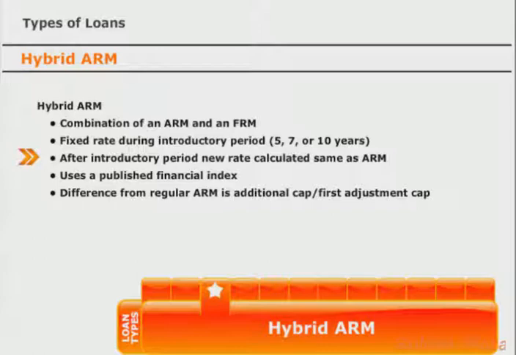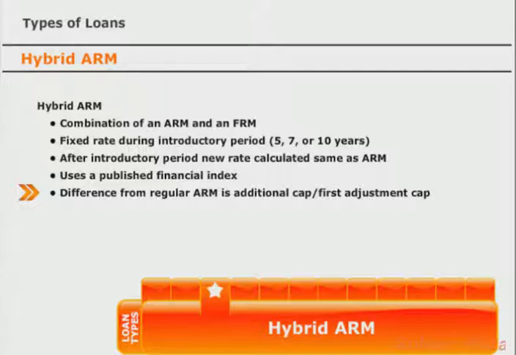At the end of the introductory period, the new rate is calculated the same as a regular ARM, using a published financial index plus a margin agreed to by the lender and borrower. This is called the fully indexed rate. Like regular ARMs, hybrid ARMs come with adjustment rate caps and lifetime rate caps.